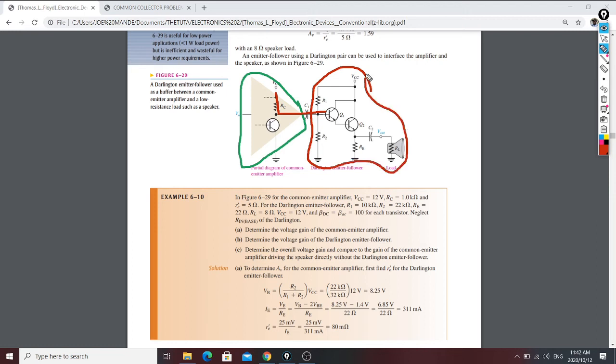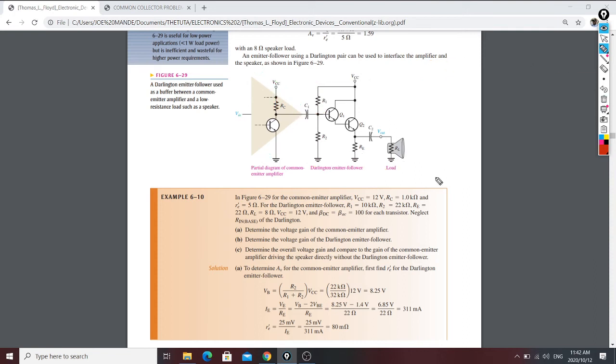Since it's our load, we need to get our R in total there, so that we can calculate the average voltage gain of the common emitter amplifier. So this is a load to this amplifier. We start our calculation from the load. Once we know the resistance of the load, now we can calculate the one for the emitter.